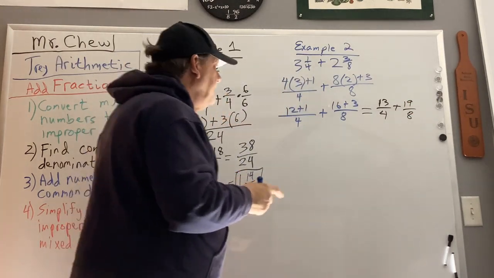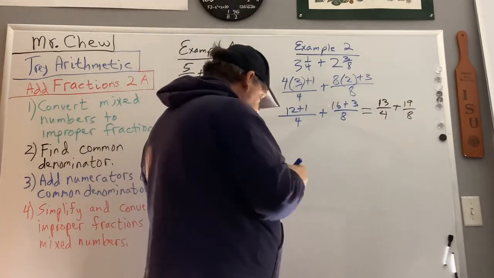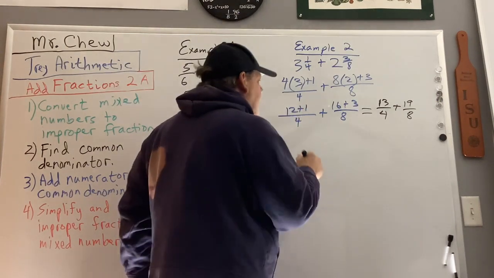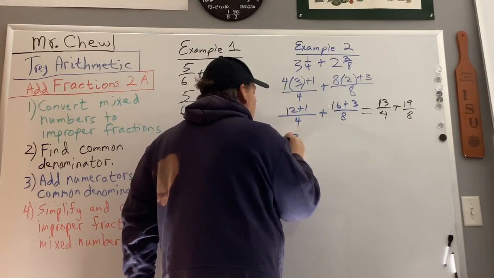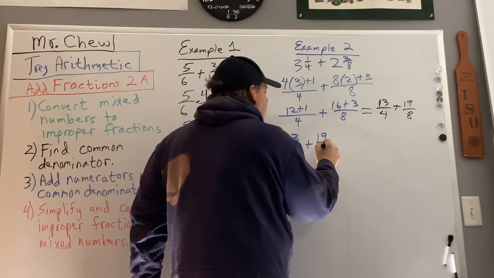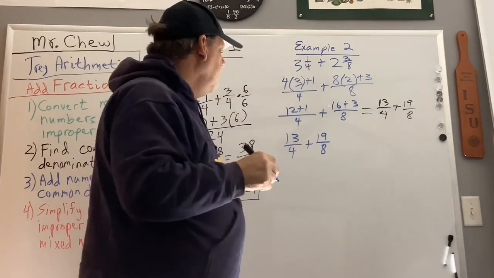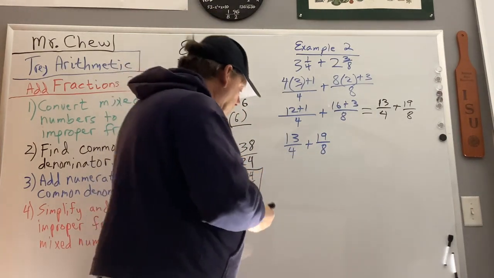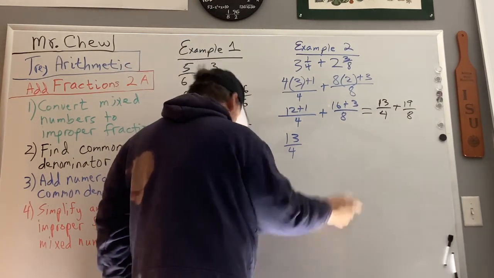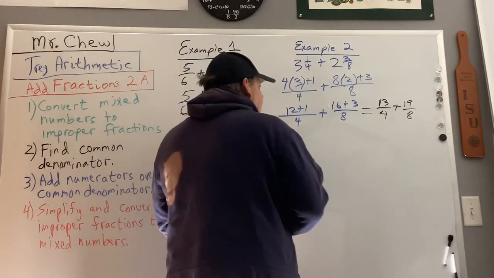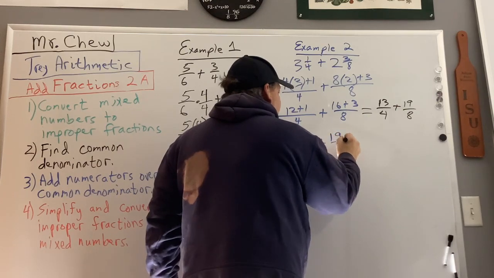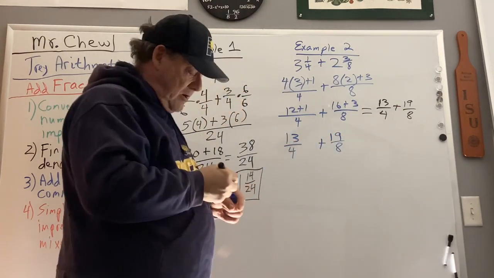Now, there is something that students that are really strong in fraction skills would know they could do with this one. It is called the LCD. But if you don't know how to find an LCD, let's just find a common denominator.